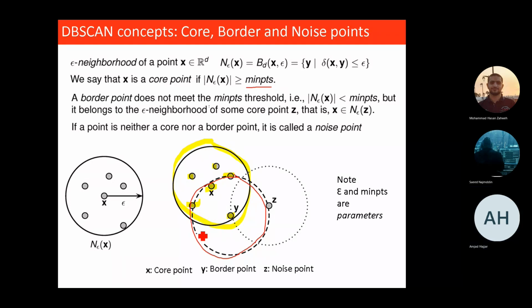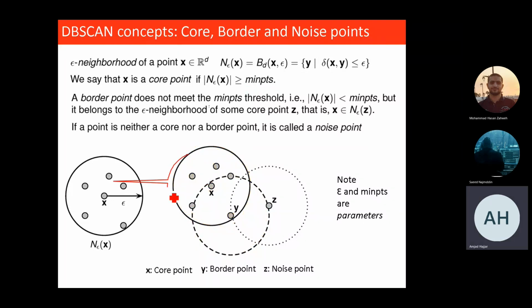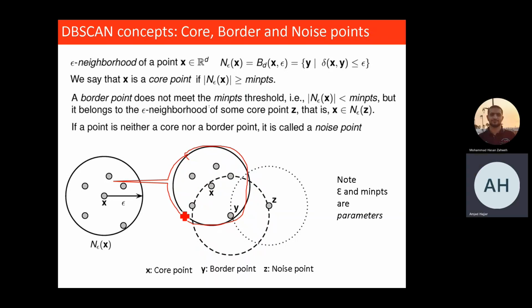But Y is a border point. ليه؟ لأنه Y is in the neighborhood of a core point. يعني X طلعت core point and Y is in its epsilon neighborhood. Y is not a core point but it is in the neighborhood of a core point. هي اللي بسميها شوفها إذن a border point.